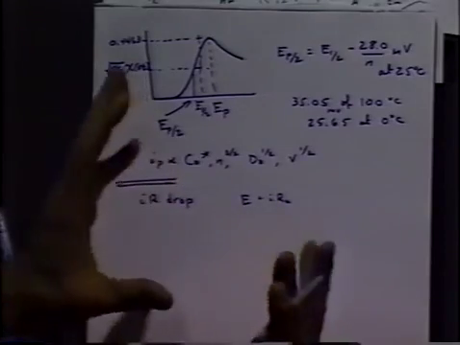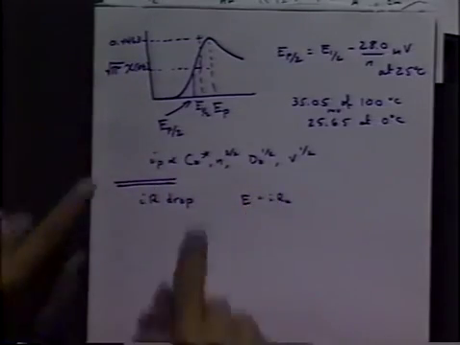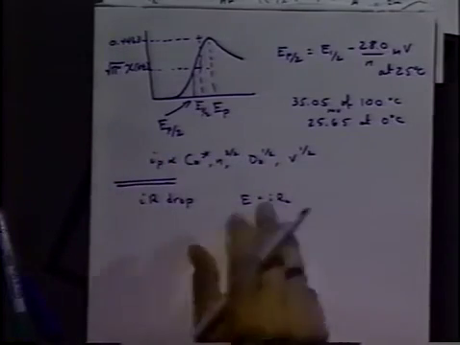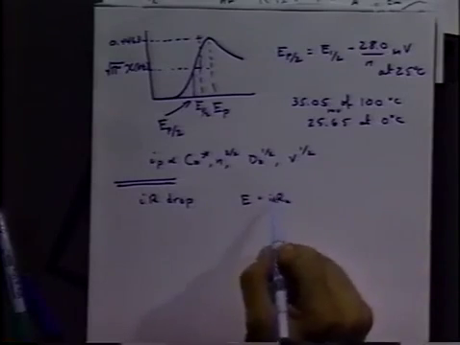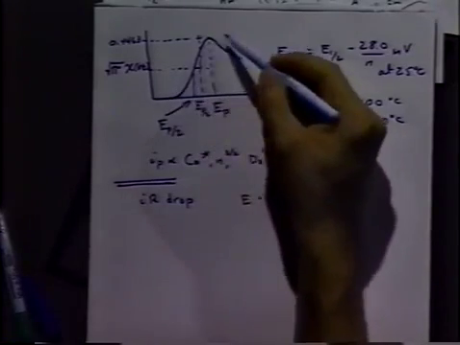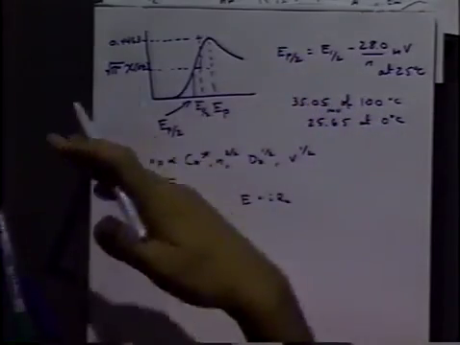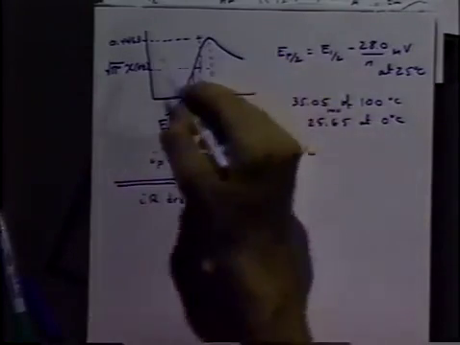So if we have a solution resistance, when we force the current through it, it causes the potential that we think we're applying to be different by a factor of iR_u. Since the current is not a linear function, the IR drop isn't just a linear change in the potential, it's actually a complicated change.